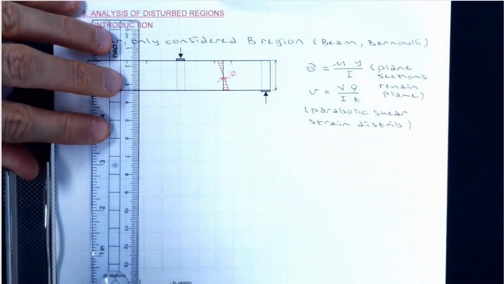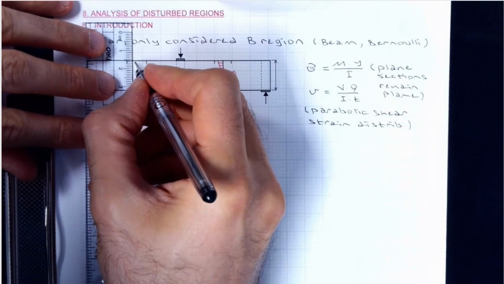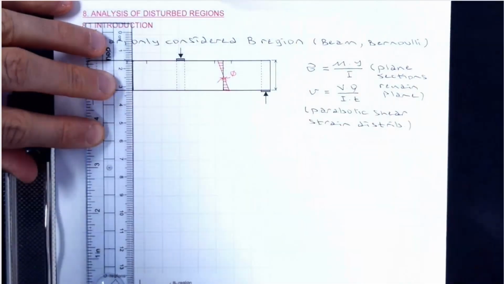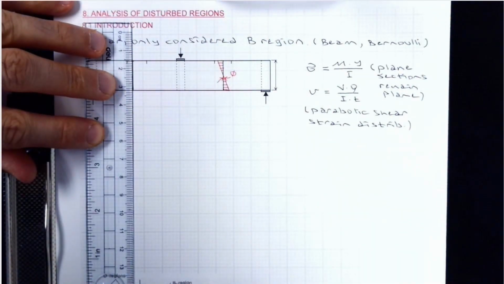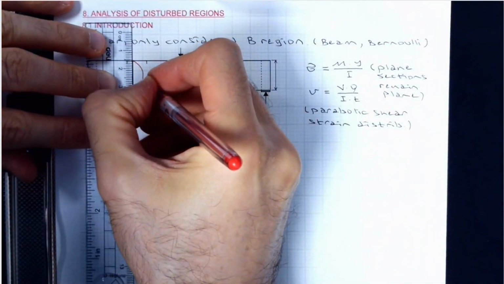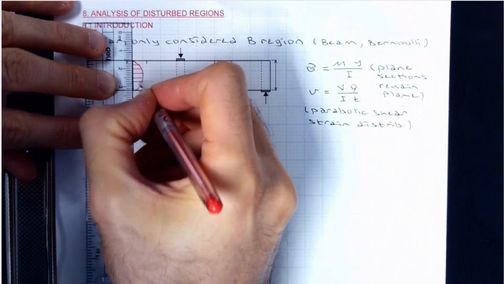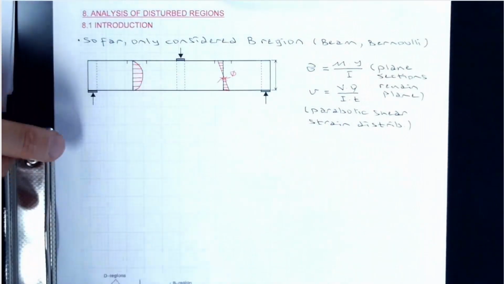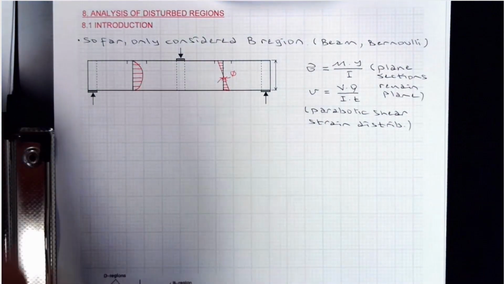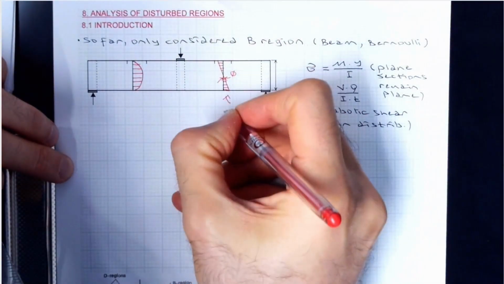As well, if you are looking for shear strain distribution, that distribution is parabolic, which is this one, something like this. So these are applicable only for B regions.